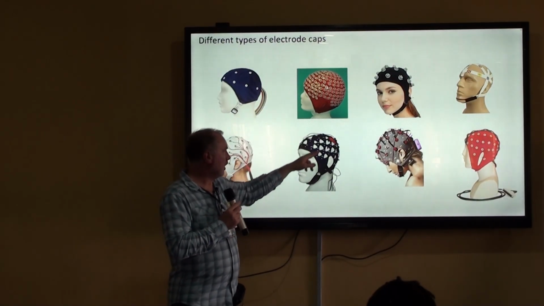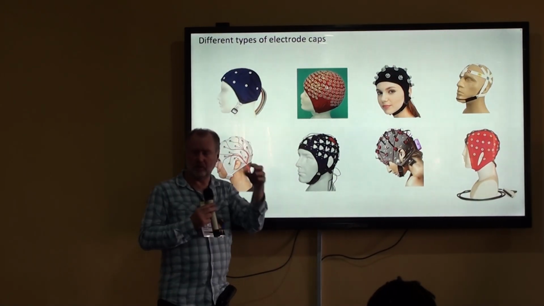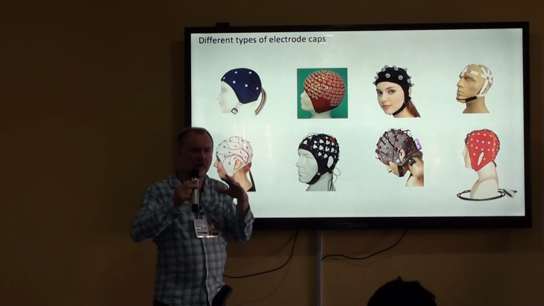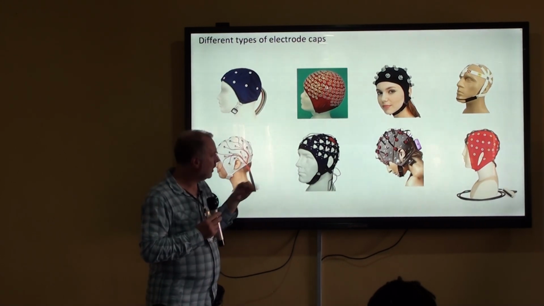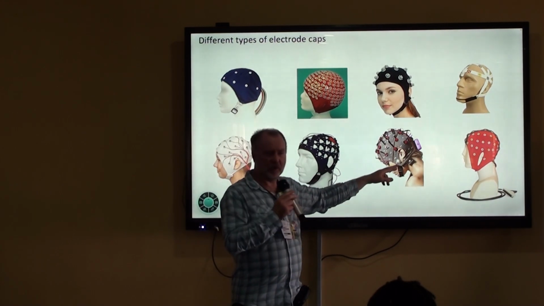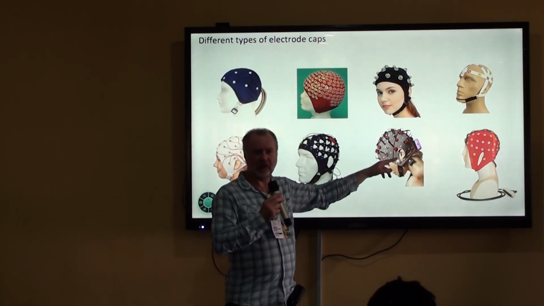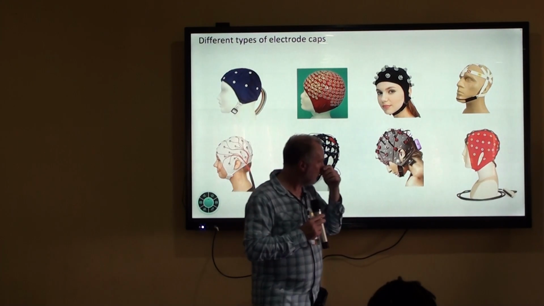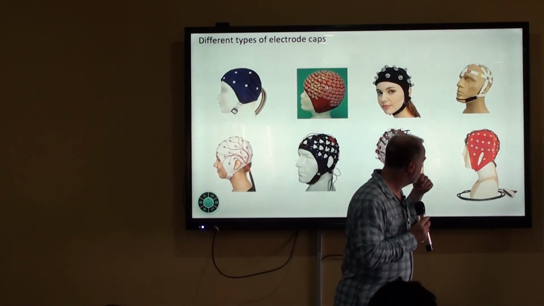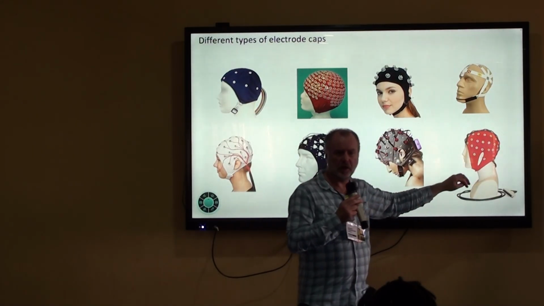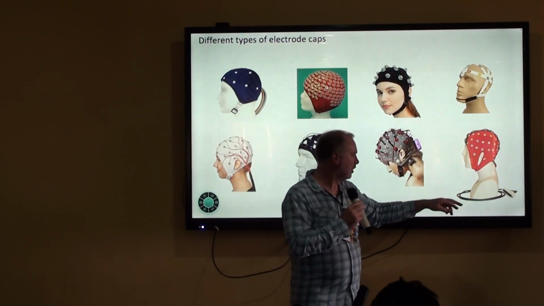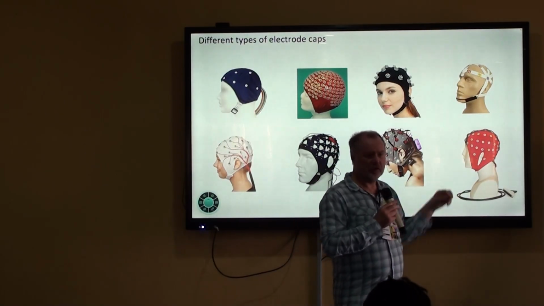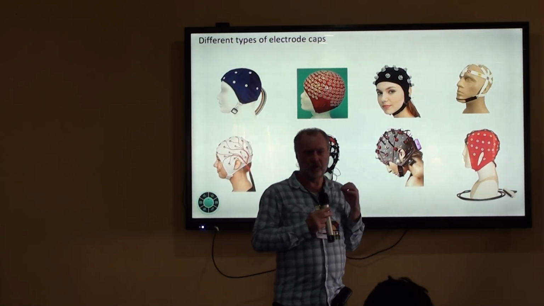Some companies try to make it flexible so that you can basically have one cap with different electrode arrangements. This is one of the caps that I've brought, except my cap has different electrodes. This is a cap from g.tec, an Austrian company. This is a cap from ANT. It has passive electrodes, but it has wires that are specially shielded.